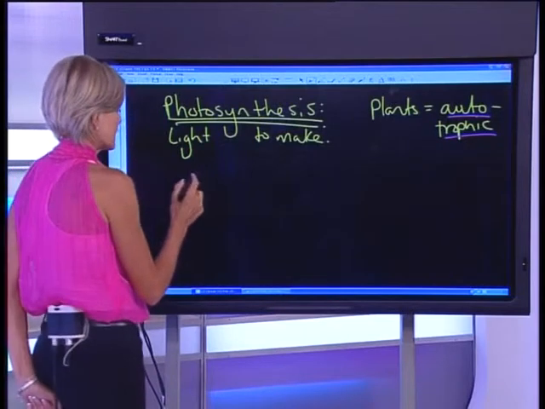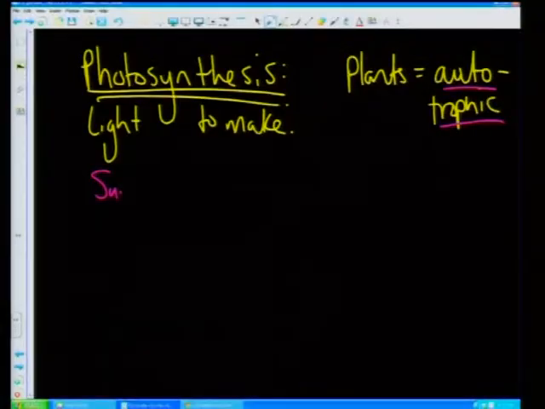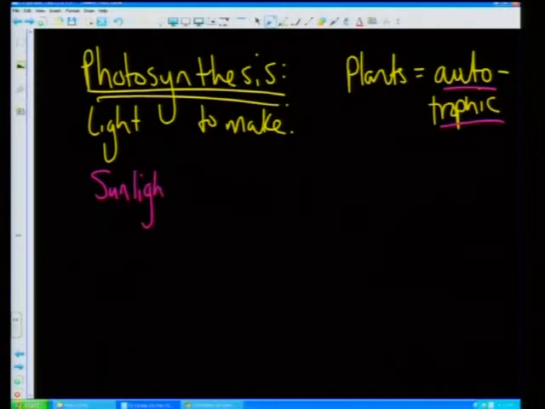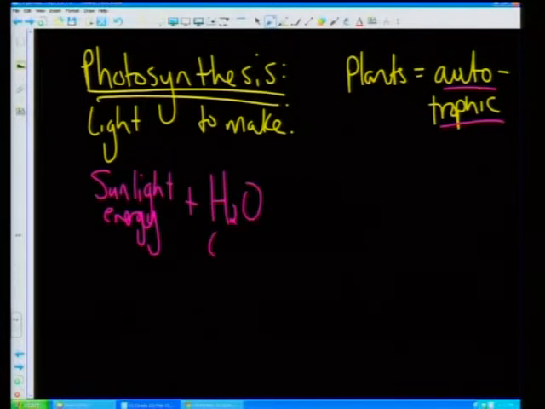What happens is the plant will take sunlight energy, we can also call it radiant energy, plus it takes water, and that water is from the soil. It's absorbed by the roots.